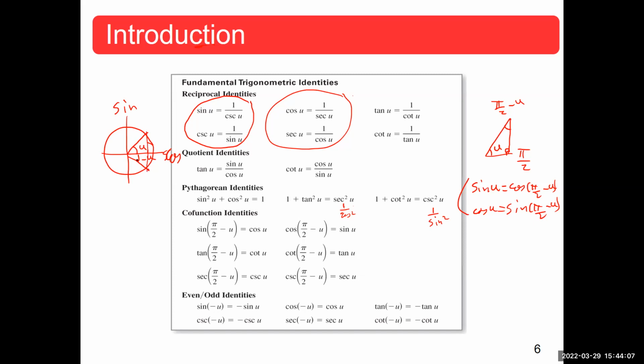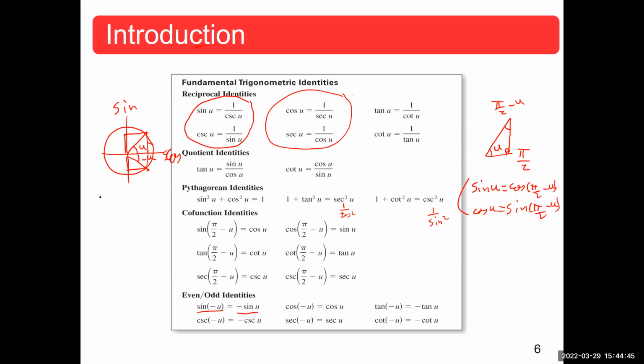Same cosine, because this is your horizontal axis, while they have opposite sines. Sine of u equals negative sine of negative u, or vice versa. So sine of negative u equals negative sine u, because this is positive and this is negative. A lot of the time you can go back to the circle to understand what's going on. You plot u and you plot negative u. Oh, same cosine. The sign is opposite.